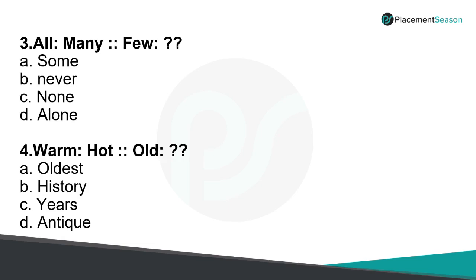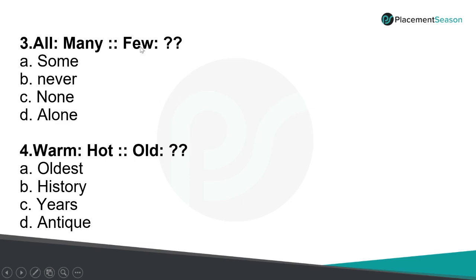Next one. All to many and few to what? Here, the second term is a smaller part of the first term. So all means you can even say a lot of things, but many is something lesser than a lot. So the second word is the smaller part of the first word.